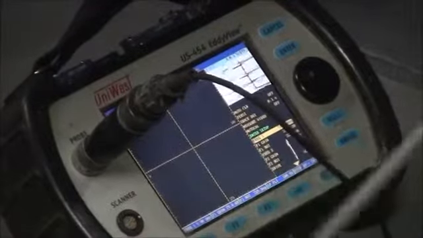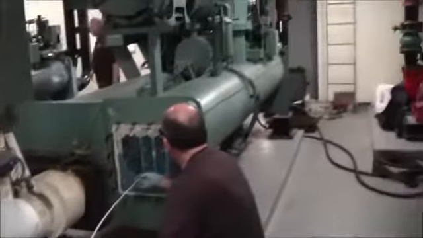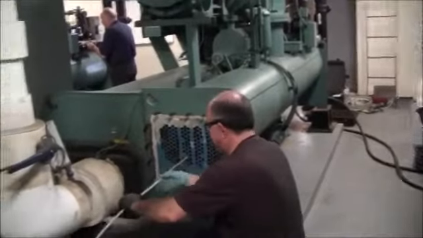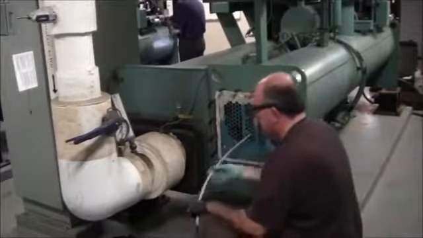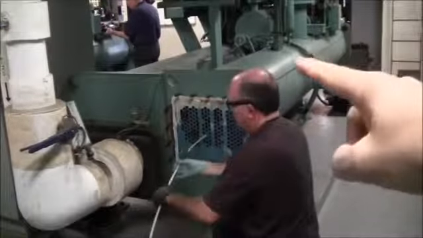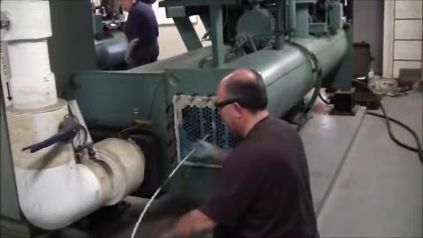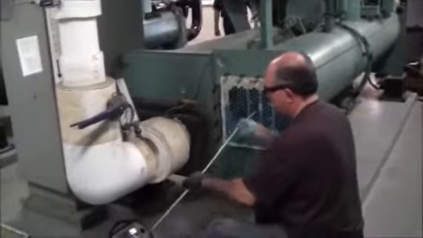This particular condenser happens to have two supports in between. So it's got the tube sheets, one at this end of the shell, one at the other end of the shell, and then two support brackets that it has to go through in the chiller itself.